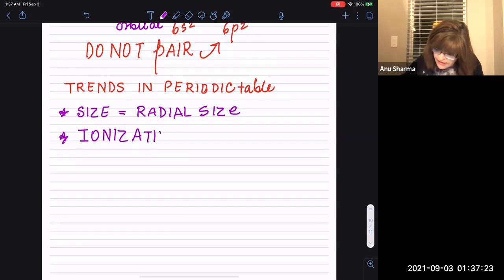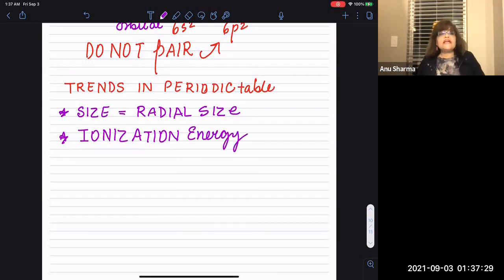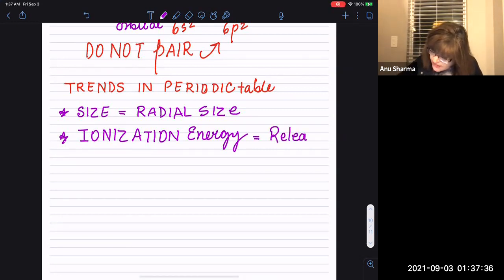Ionization energy is the energy that is given to release the electrons. Okay, ionization energy is the energy given to release electrons. And it also relates to electron affinity.